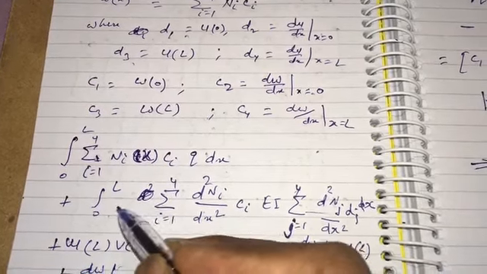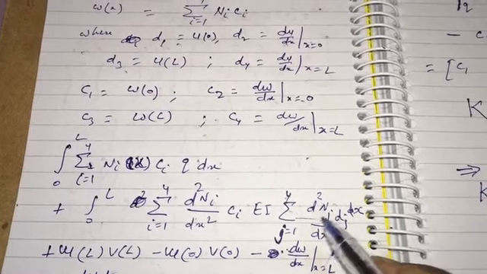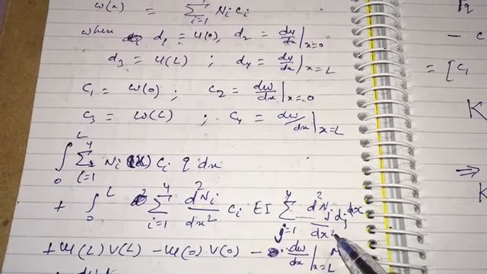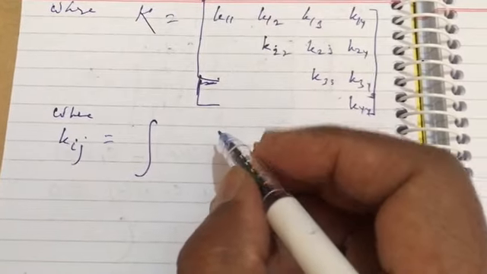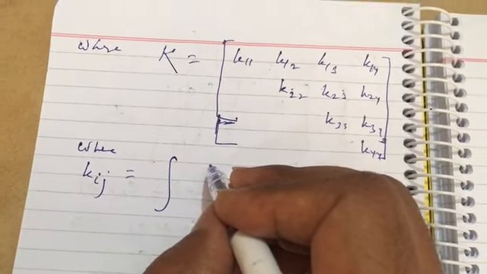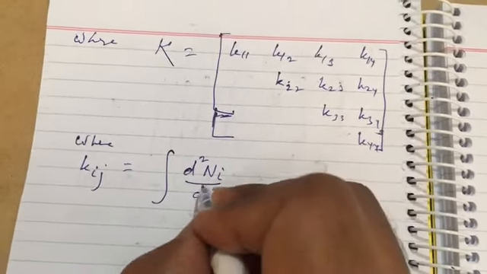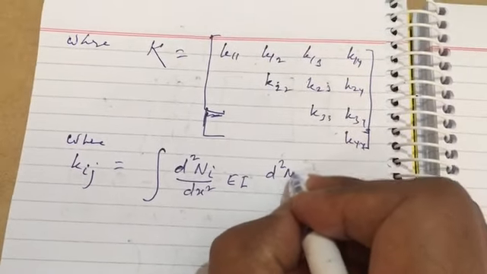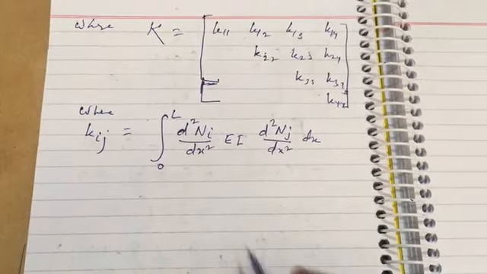So simply Kij equals the integral from 0 to L of d square Ni over dx square, EI, d square Nj over dx square, dx, integrated over the whole x. This is what the stiffness matrix Kij will be.